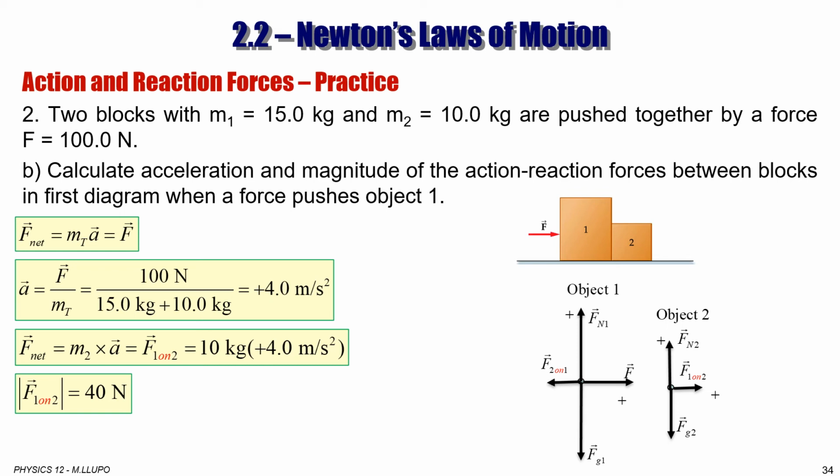So remember that the force between the two blocks was 60 when a force is pushing the small box, and now it's 40 when the object being pushed by a force is object 1. So it is not the same.